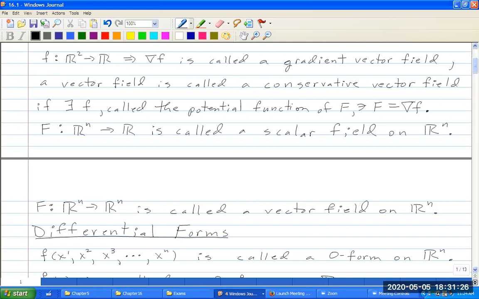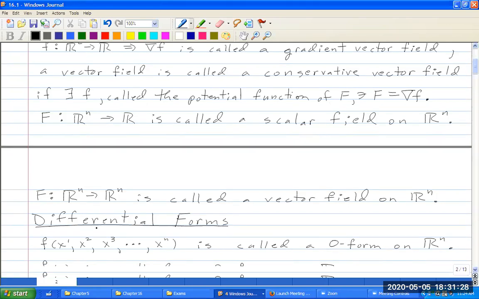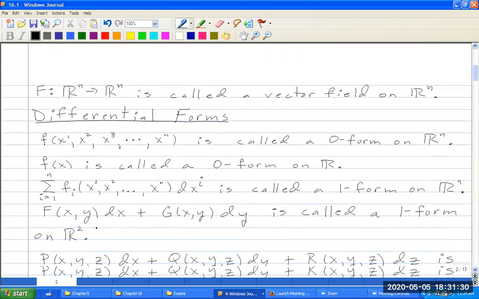Okay, so differential forms. F of x1, x2, x3, all the way to xn is called a zero form on Rn. So f is just a function. Any zero form is just a function.